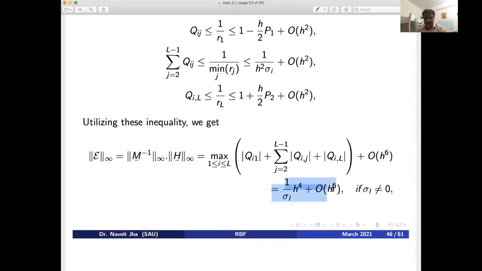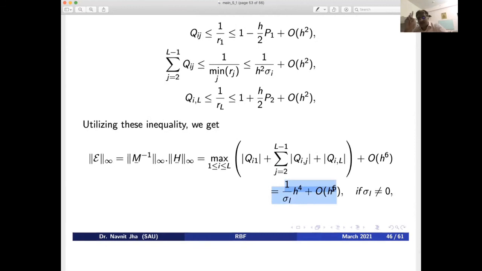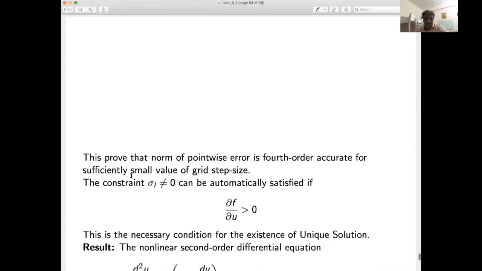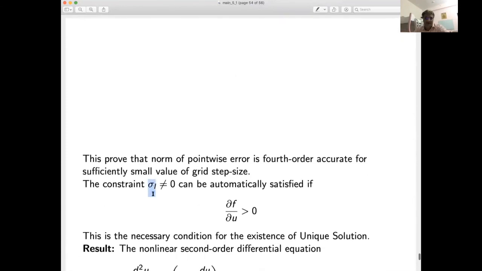I can write the right hand side only when sigma_L is not equal to 0. Beware of it. What is sigma? Sigma basically corresponds to del f by del u. So if I take del f by del u to be strictly greater than 0, in that case, it is automatically not equal to 0. So in that case, our method is convergent.